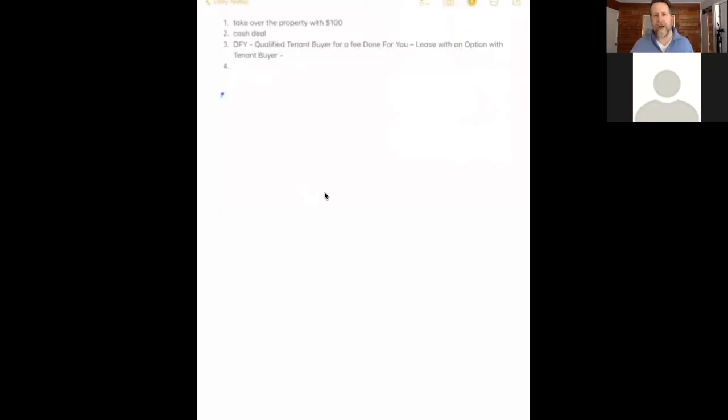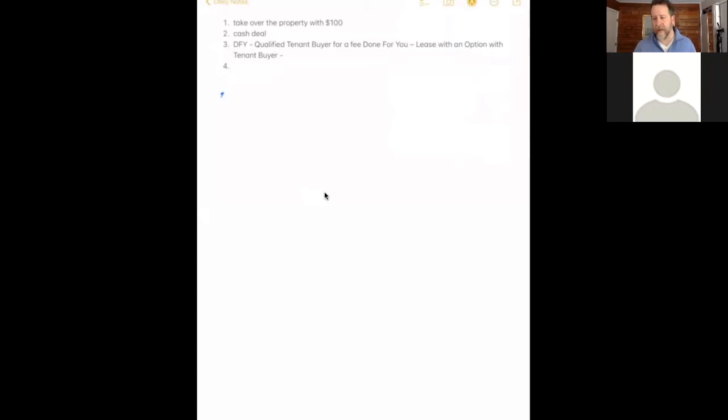Well, the second one is a cash deal. So let's take this same investor who is out of province and they just want to get rid of their property. This is where you can come in and offer a cash deal, meaning that you'll pay now essentially for a deeply discounted deal.